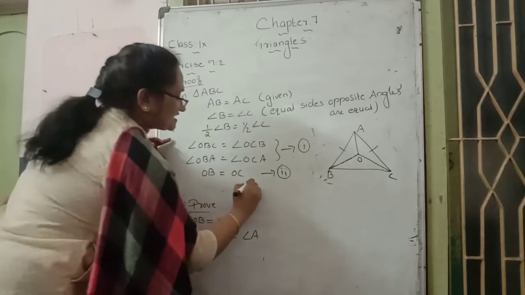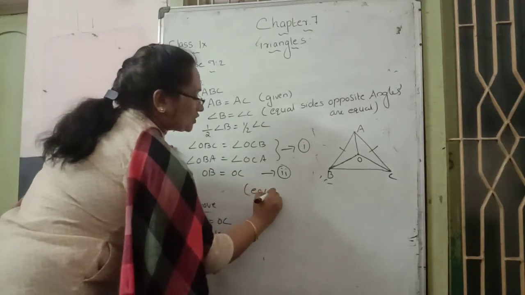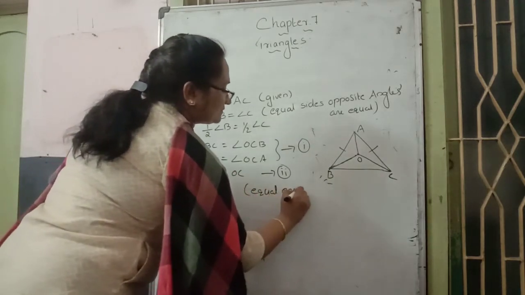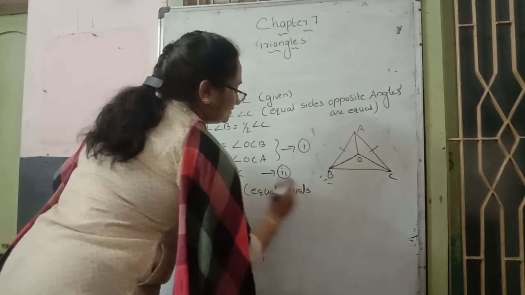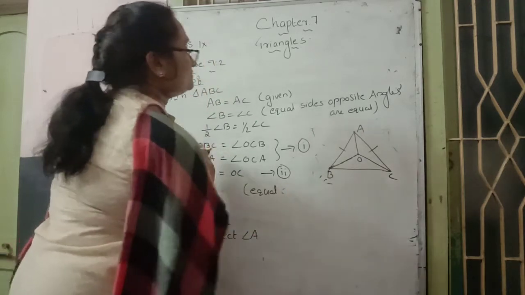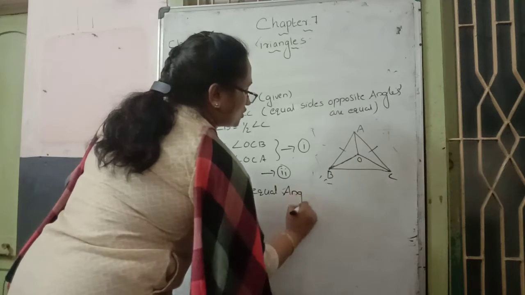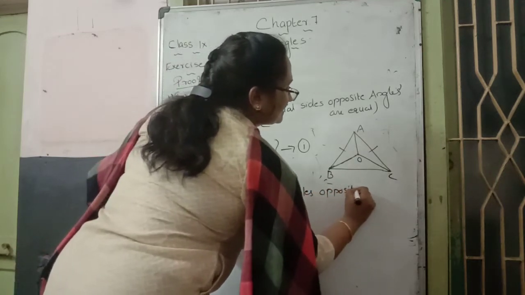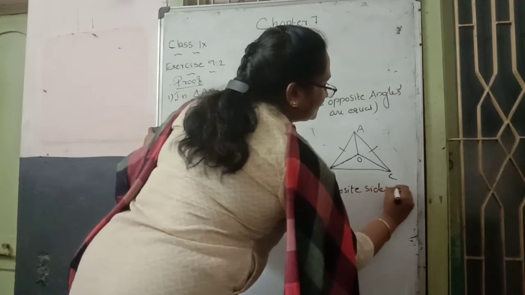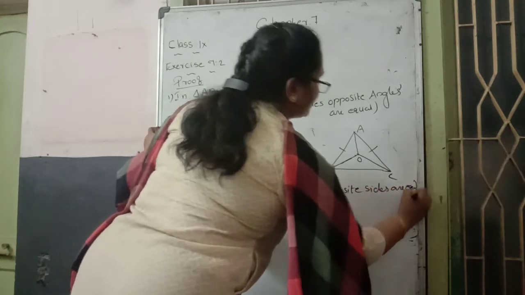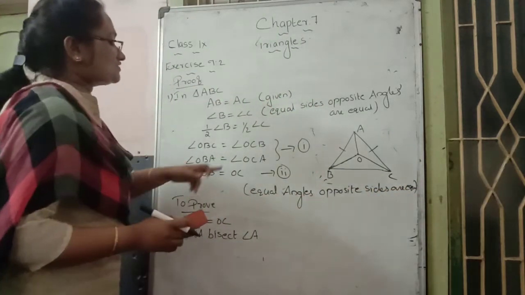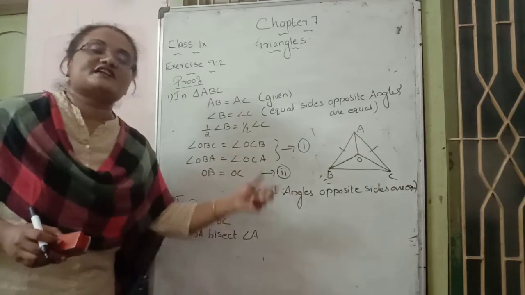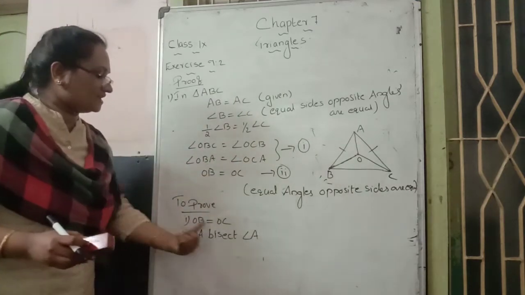So the reason we write is: equal angles, opposite sides are equal. That property we apply here. That's why OB and OC are equal. So the first part is completed: OB is equal to OC.